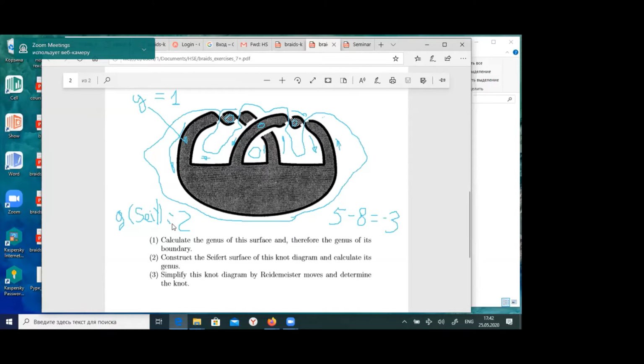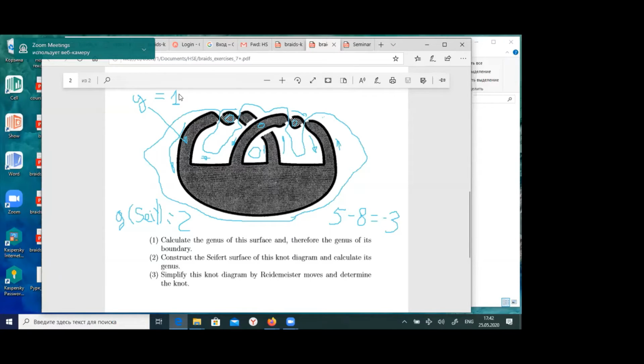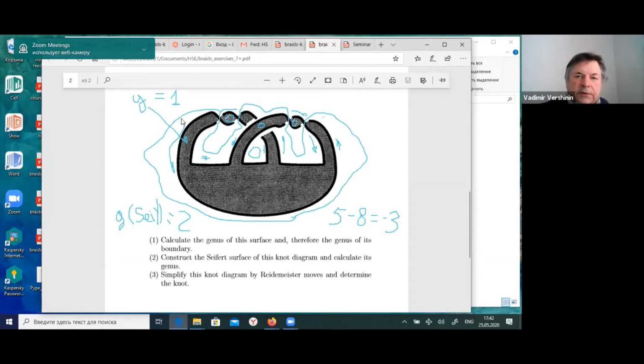So you see that the genera are different. Here it is one, but if we consider this as a knot diagram, we get a different one. And now, to understand concretely that this is a trefoil, let us make a small exercise.